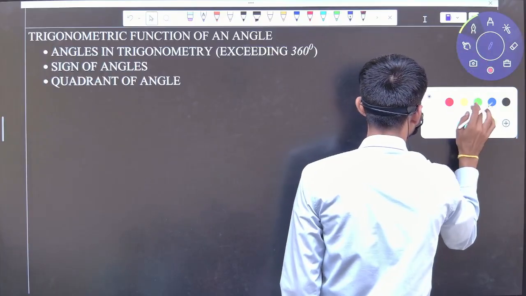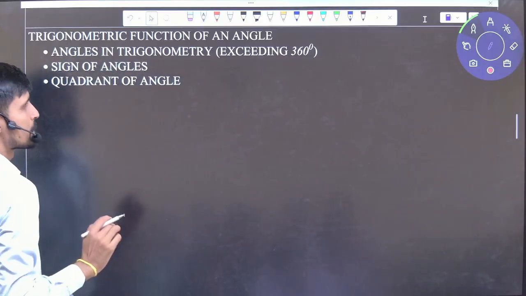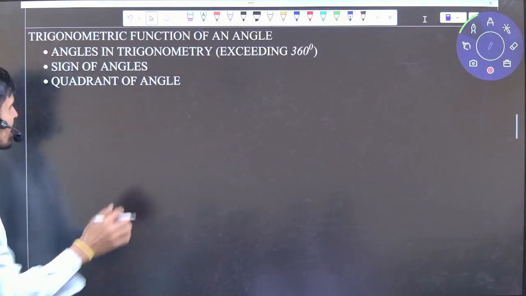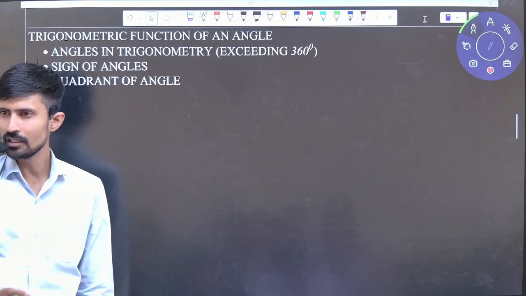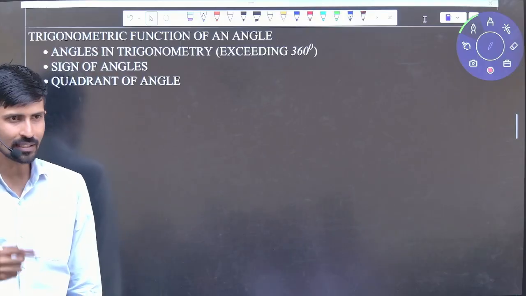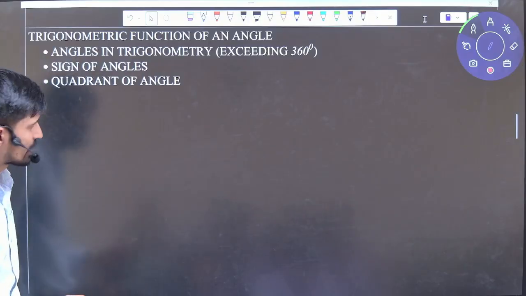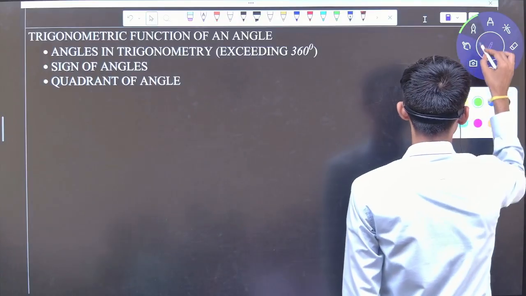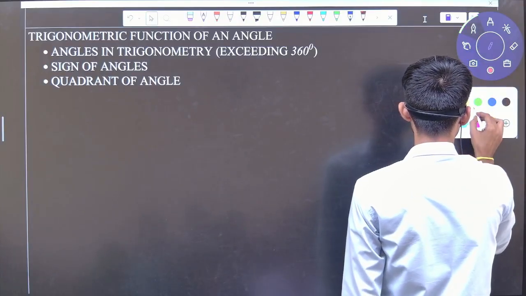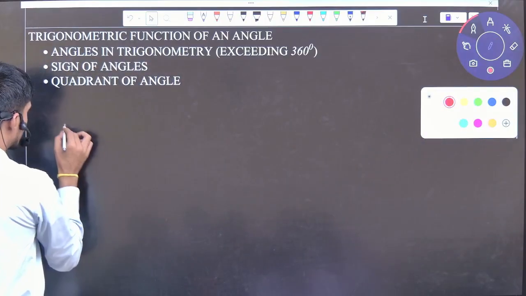Now, sign of angles, I have already said that there is positive direction and negative direction. Okay, so if I give you one question, write down the question.